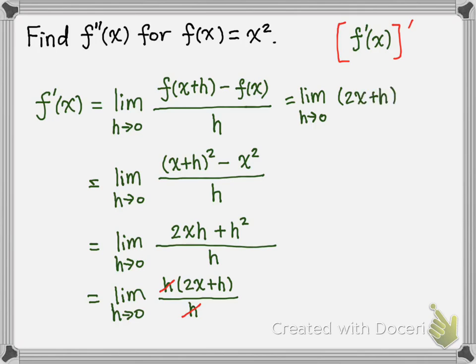Then all you need to do is just substitute h equals 0, and you will have 2x at the end. So this is telling you f prime of x equals 2x.